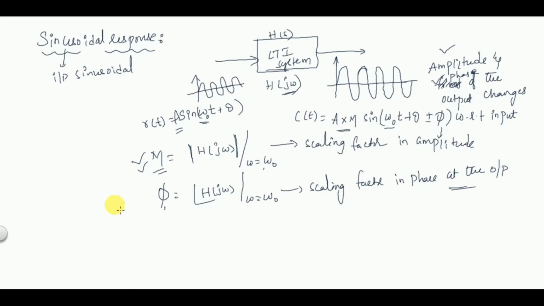This is how we can find the sinusoidal response: if the input is sinusoidal, then the output is also sinusoidal. Let's solve some examples so you understand the concept clearly.